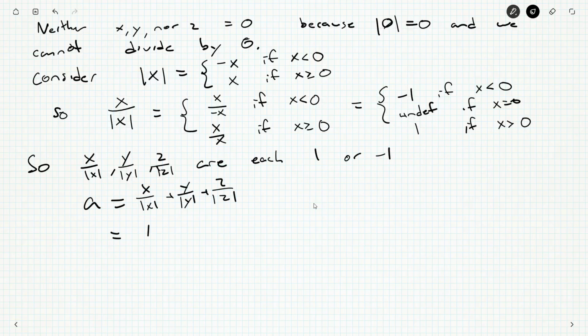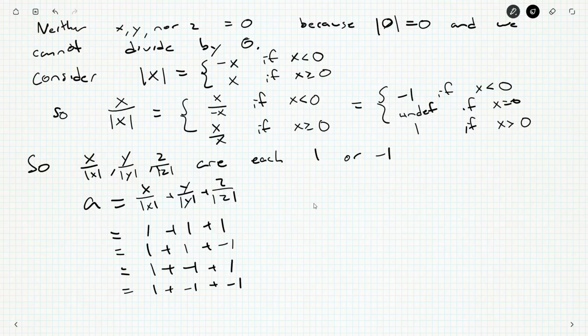So this could be 1 plus 1 plus 1, or 1 plus 1 plus -1, or 1 plus -1 plus 1, or 1 plus -1 plus -1, or -1 plus 1 plus 1. There's only 2 options for each of these, so there's going to be 8 possibilities in total. Some of them will overlap, but the point is I don't have to think anymore. I can just write these out.